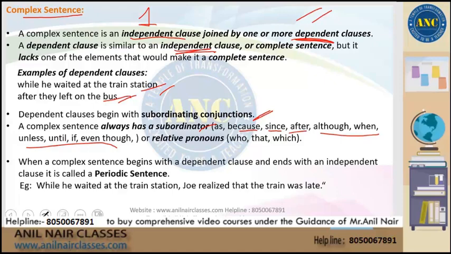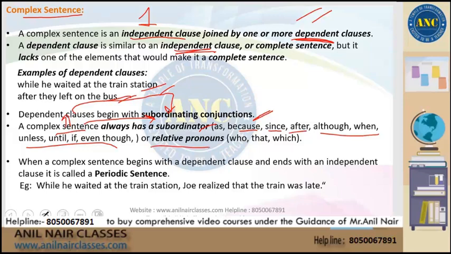Because a complex sentence should have one or more dependent clauses, and a dependent clause always begins with a subordinating conjunction. So a complex sentence must always have a subordinating conjunction.